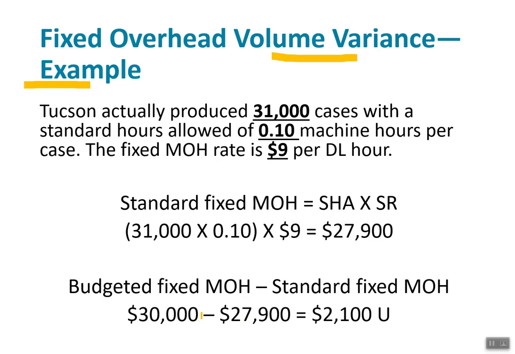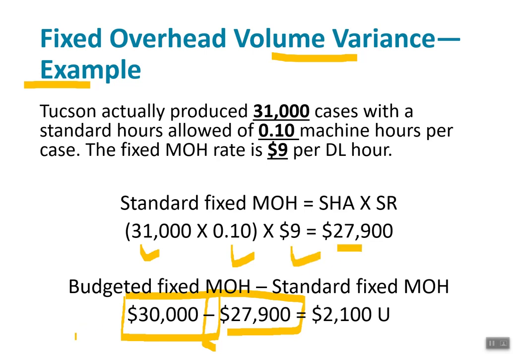That will be calculated using the budgeted amount, which we calculated, and then the standard fixed manufacturing overhead, which was the actual cases times the standard hours allowed times the fixed manufacturing overhead rate, which gave us the standard. All of the other rules are the same.